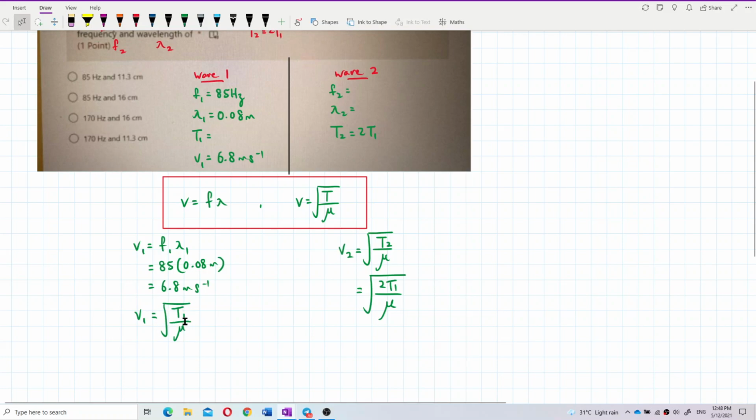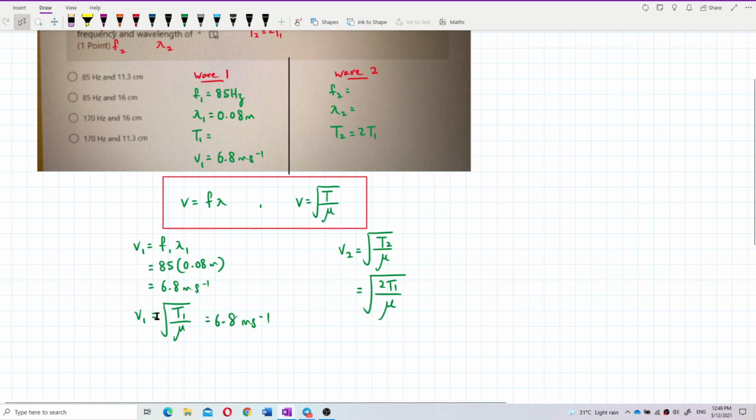Good. And we know this V1 we just calculated from f lambda, based on the frequency and wavelength, we got 6.8. So that means the square root of tension over mu is also 6.8. Okay, that's good.